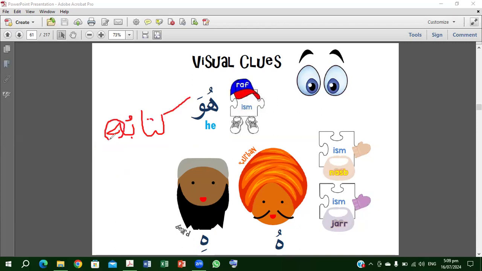So this hu is a pronoun, and this pronoun is attached to another noun, to an ism. I told you before, when a pronoun is attached to an ism, it is in the status of jar, and it shows possession. Kitabuhu means his book. It shows possession.